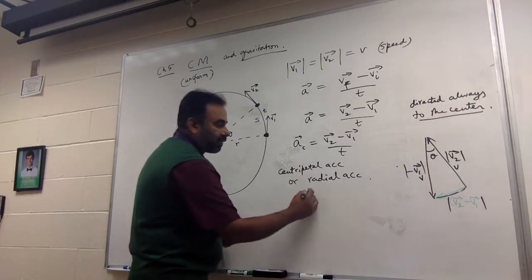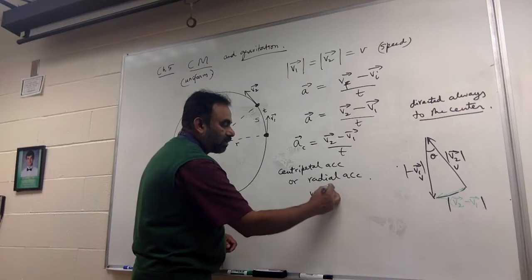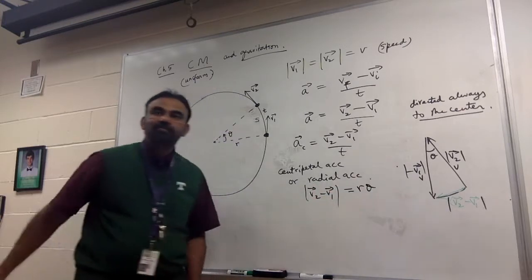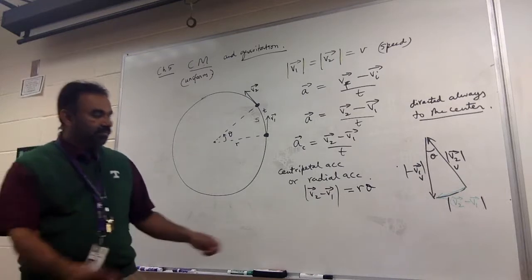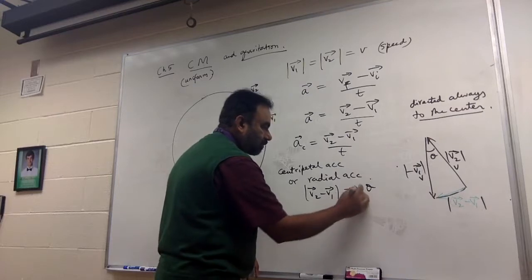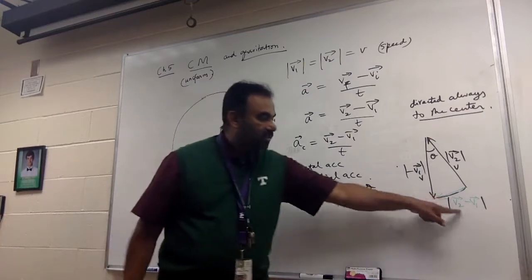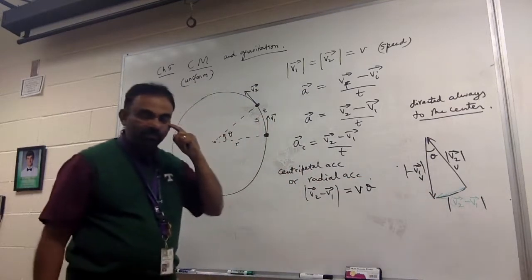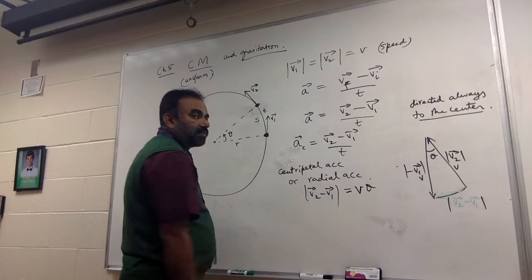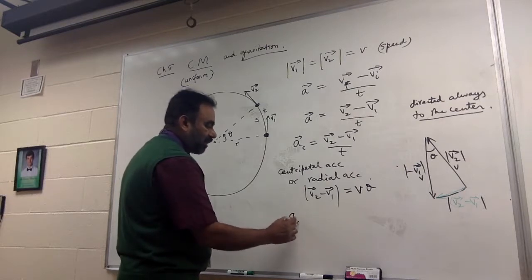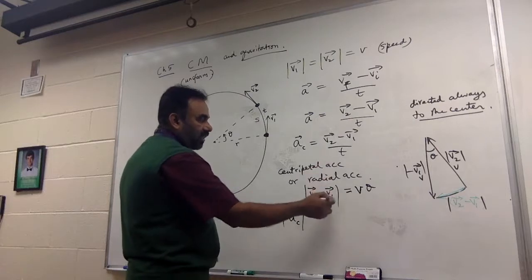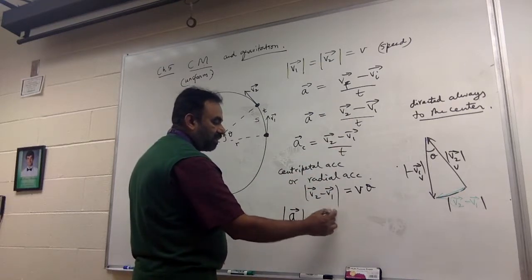And therefore, the magnitude of V2 minus V1 is, oh, not r theta, but V theta. This is equal to V theta. So if I substitute that over here, I will be able to get the acceleration's magnitude. If I want to get the magnitude, I will take this and substitute it right there, so I get V theta over T.